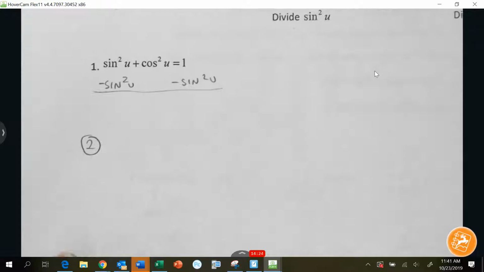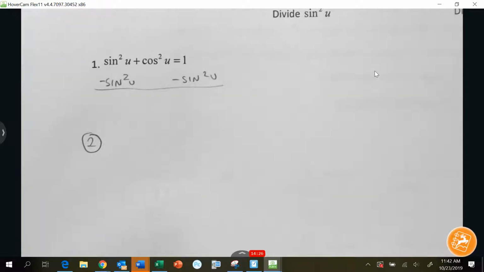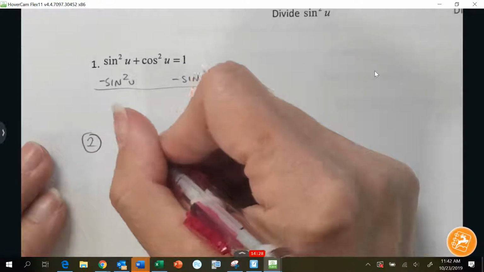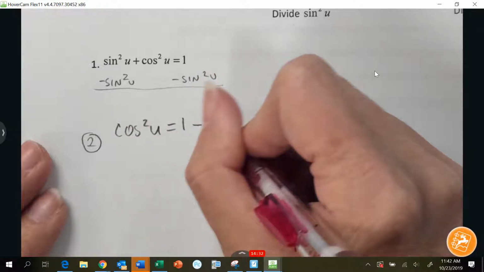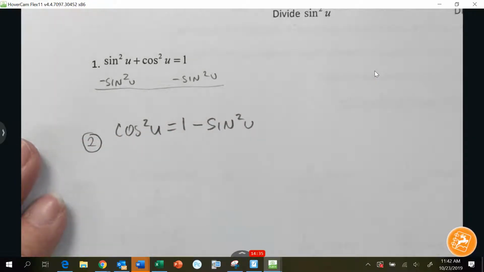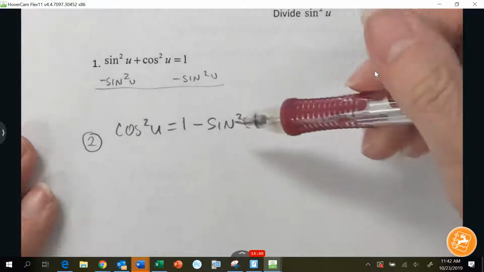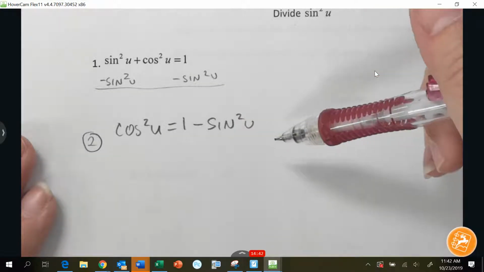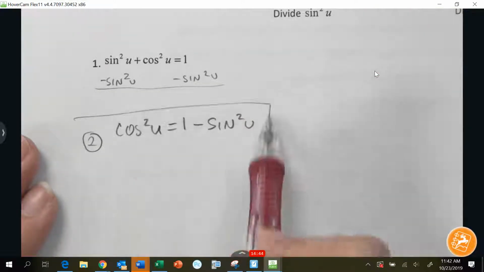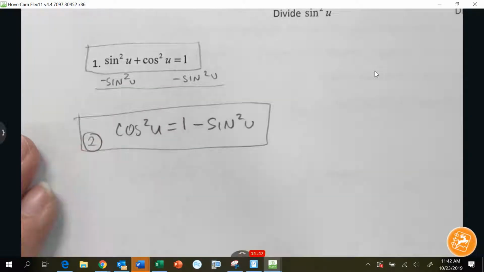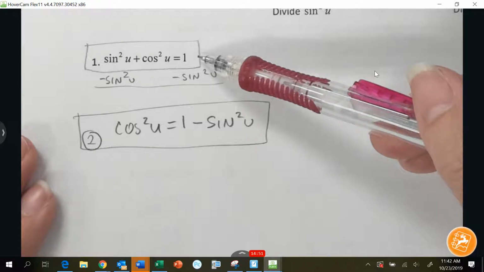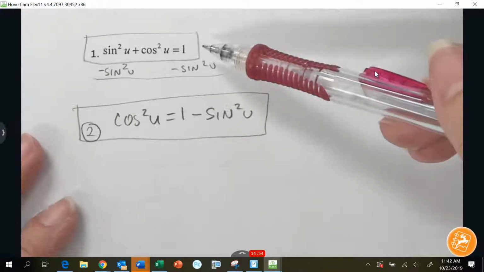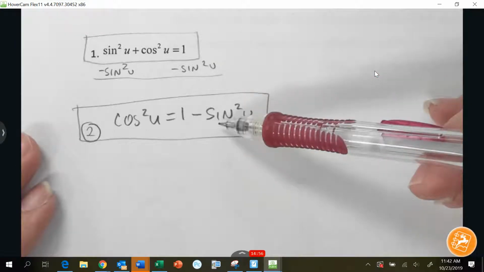We're going to subtract sine squared u from both sides, and we have a new identity that says cosine squared u is equal to 1 minus sine squared u. This is a new Pythagorean identity. It's exactly the same as the original. It's just I moved some stuff around. So this is number 2. But you should be able to get number 2 because number 1 is the one that you should know. Sine squared u plus cosine squared u equals 1.